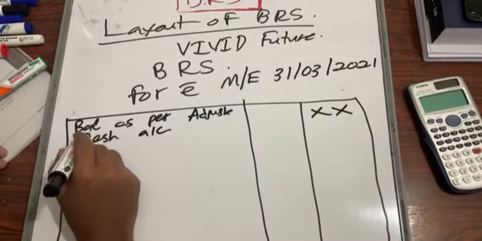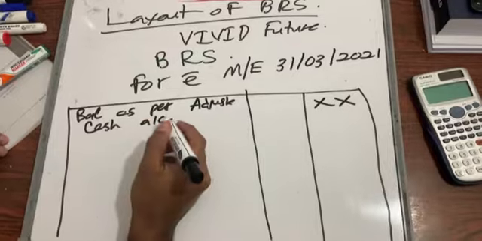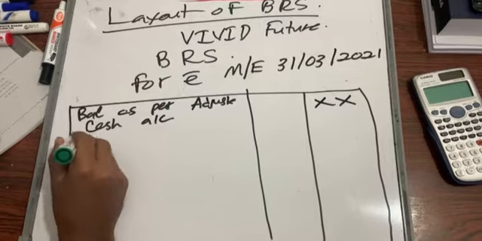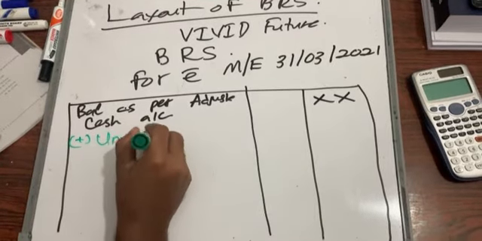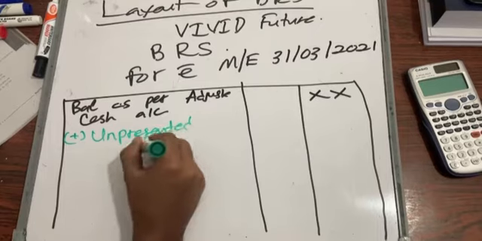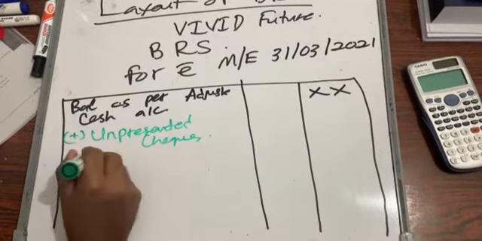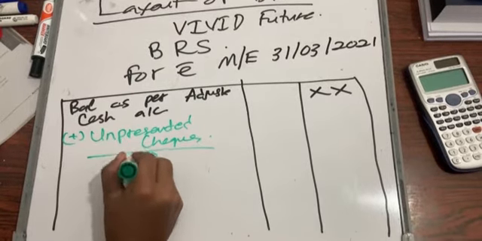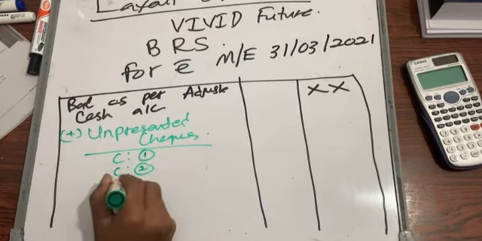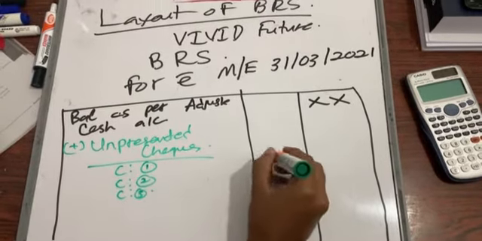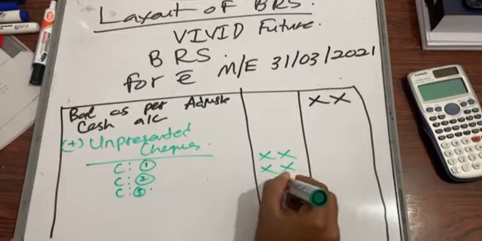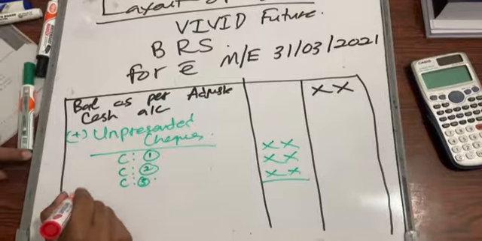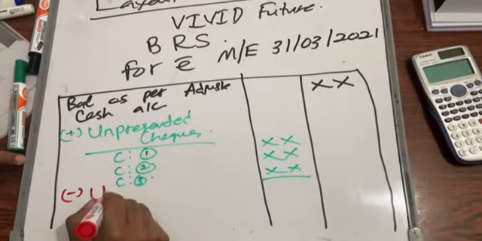If you start with the balance as per adjusted cash account, keep in mind you have to add unpresented checks. There may be multiple checks, for example, check 1, check 2, check 3, and so on. And you have to deduct unrealized checks.